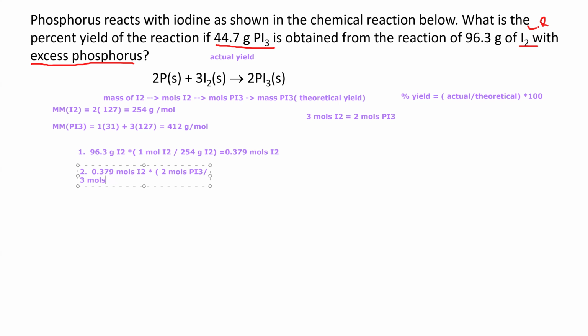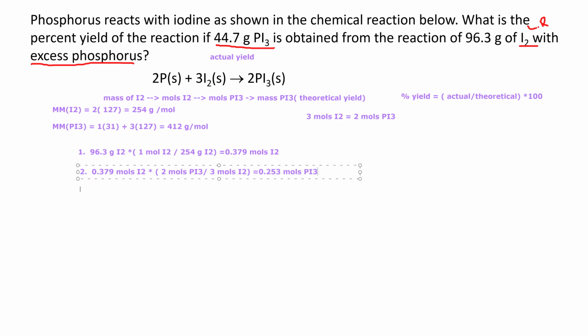So whatever you're starting with in the mole ratio goes on the bottom, and the other one goes on top. And we get 0.253 moles of PI3. So that's step 2, converting from moles of reactant to moles of product.